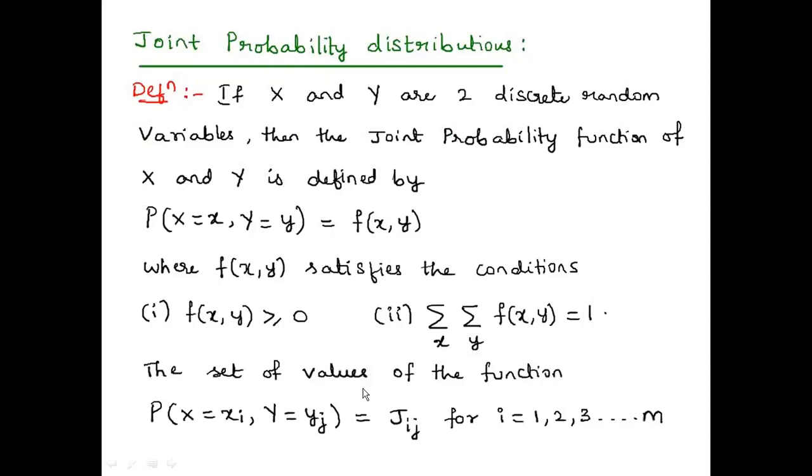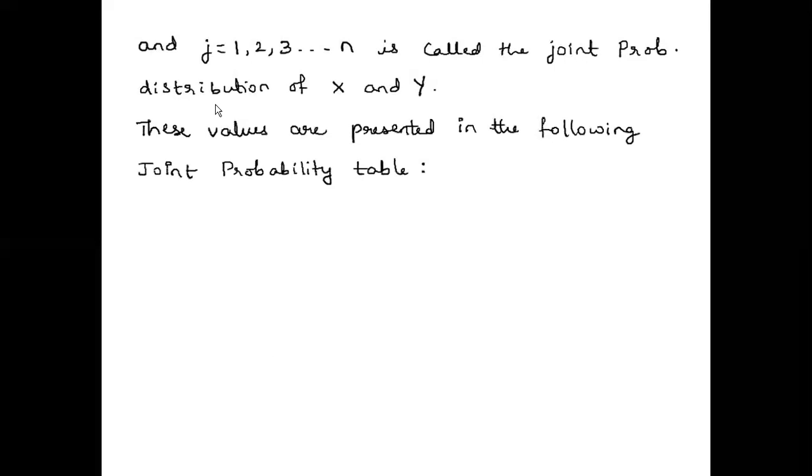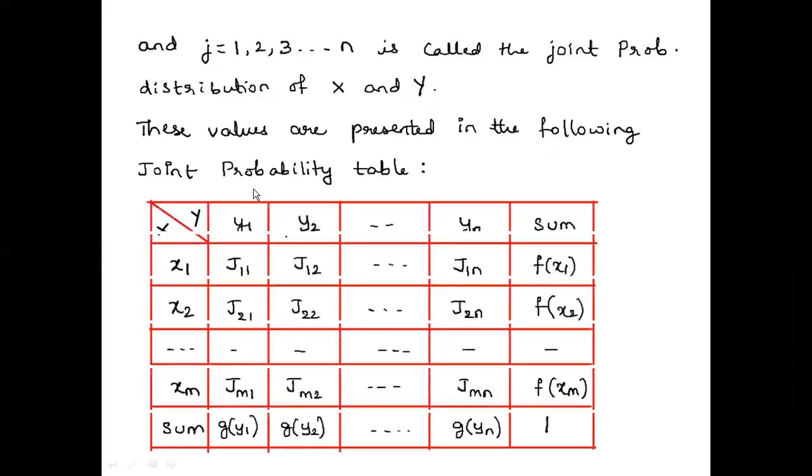In general, probability of x equal to xi, y equal to yj is denoted by jij, where i takes the value from 1 to m and j takes the value from 1 to n. These values are presented in the form of a table known as the joint probability table.